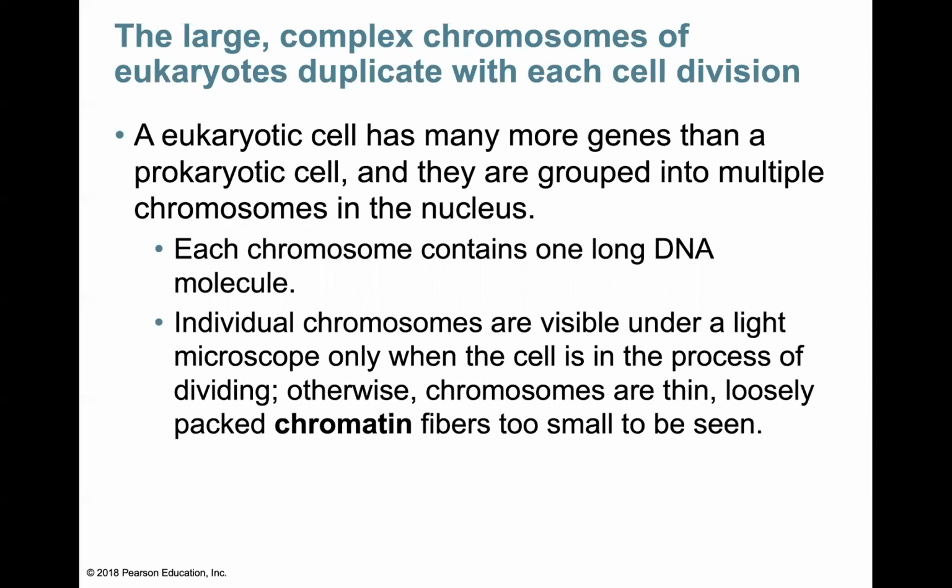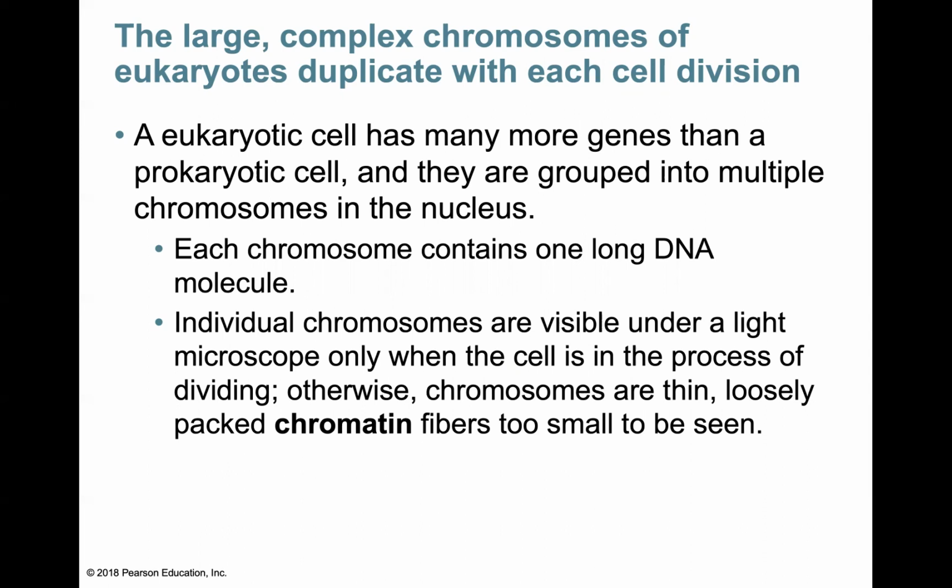So we're saying that a eukaryotic cell has many more genes than a prokaryotic cell. And they are grouped into multiple chromosomes in the nucleus of this eukaryotic cell, right? So each chromosome contains one long DNA molecule, all right? And so individual chromosomes are visible under a light microscope only when the cell is in the process of dividing, all right?